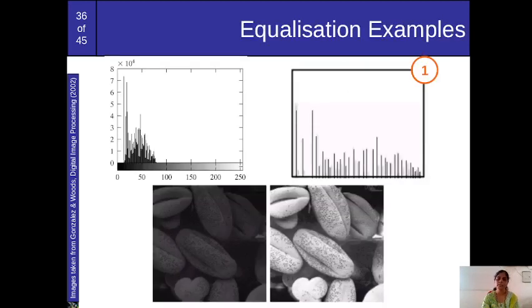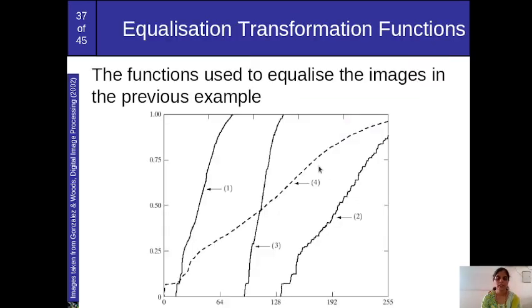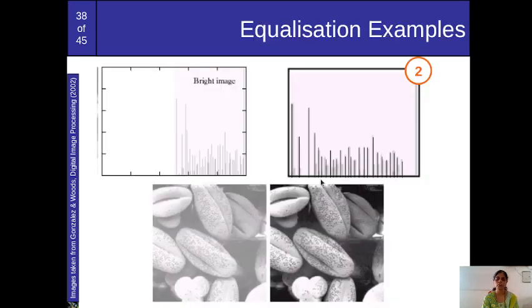The same thing is presented here. This is an input image, and after applying the transformation function, we obtain a more uniform output or more uniform histogram. So these are the various functions which could be applied for different conditions. We can choose different transformation functions, and these numbers show the outputs that we get after applying the corresponding transformation functions.